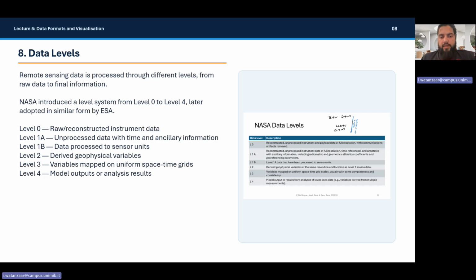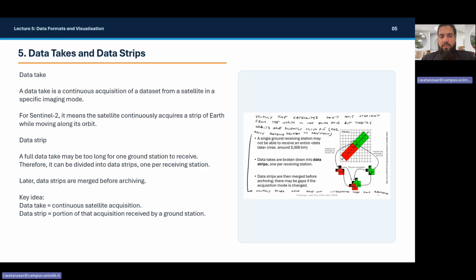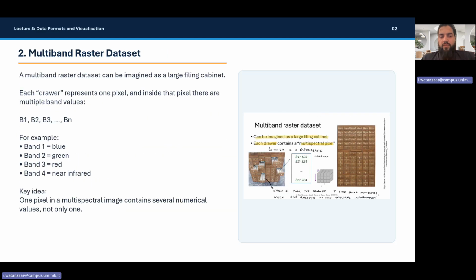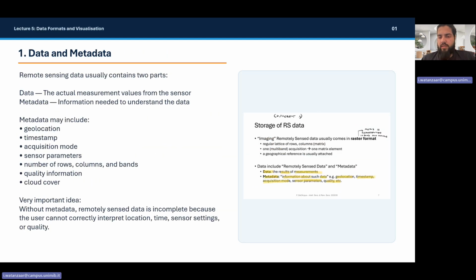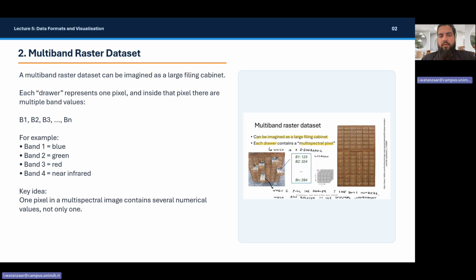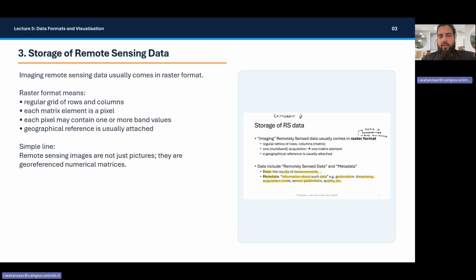Now we are discussing the data levels. So far we have understood multiple things, starting from what data is: collected data, metadata, multiband raster data sets. We had an intuition of the filling cabinet, a large filling cabinet. Then we saw the storage of remote sensing data.